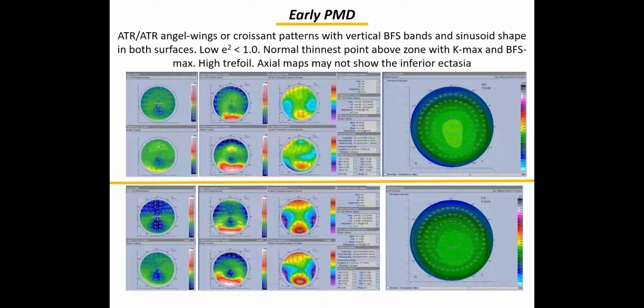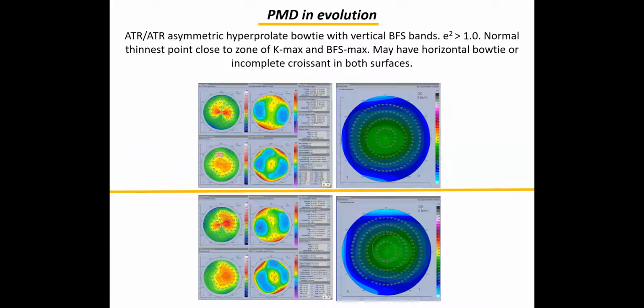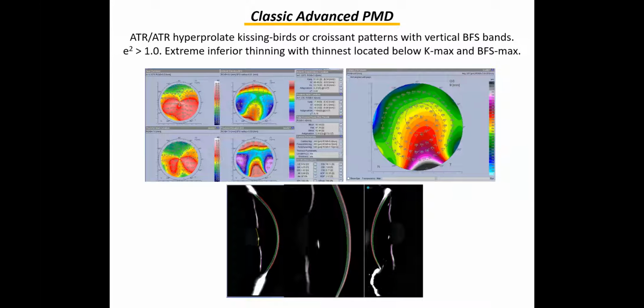Pellucid begins to progress more and more in adults, more than 30, 40 years old. So there are characteristics. Look, this kind of thick cornea with against the rule is already pellucid, or here, this is the extreme case of pellucid discovered in the Galilei. This is like the point of a pencil in the cornea, and you can see the pachymetry map with an incredible thinning at the bottom.